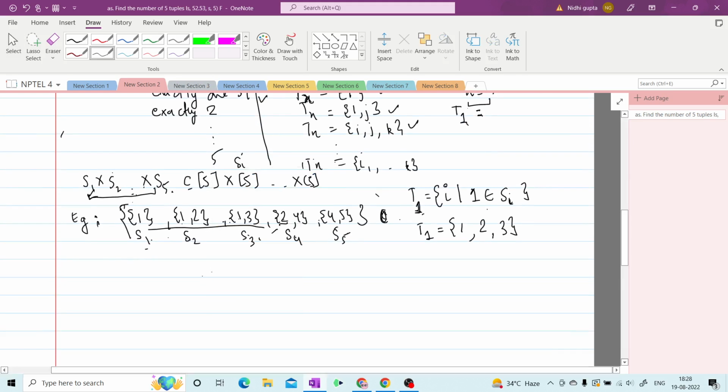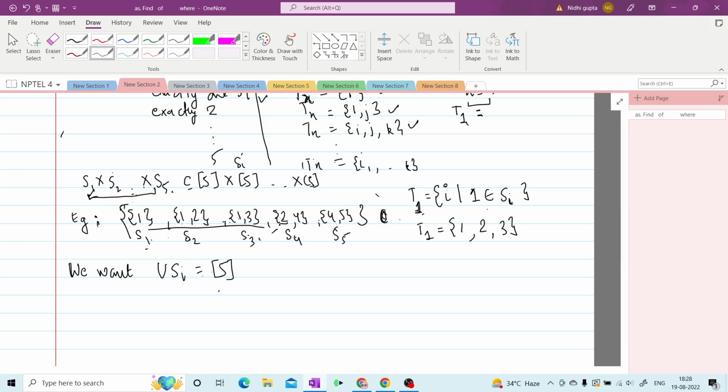Once we know this, we can see that we want the union of Si to be 5. Therefore, our Tx should be non-empty for all x belonging to 1 to 5.